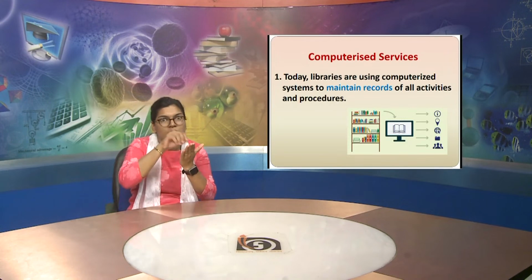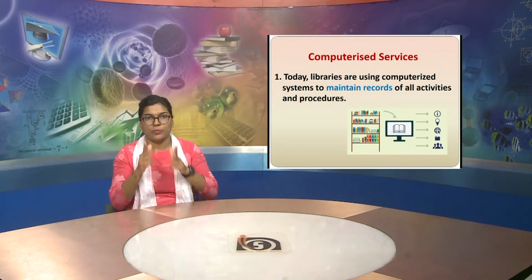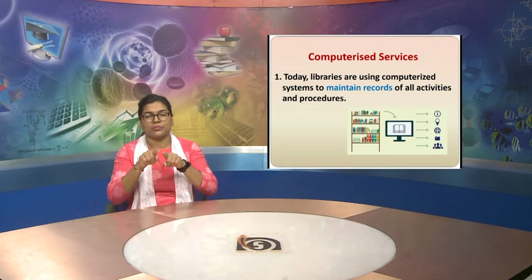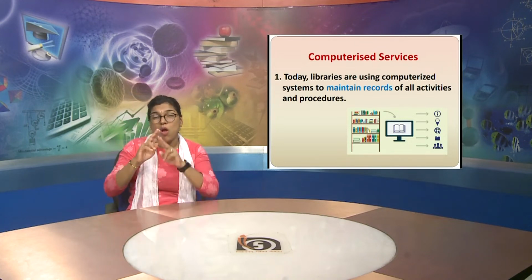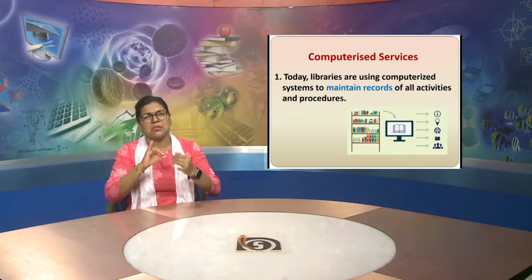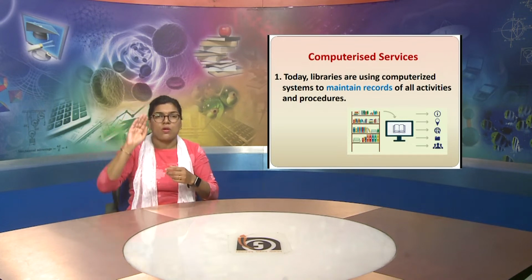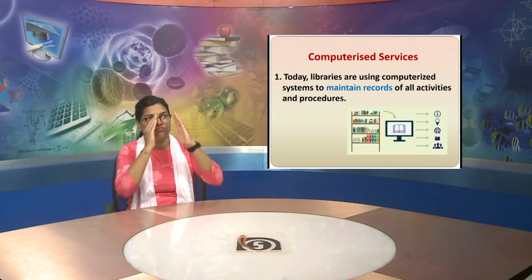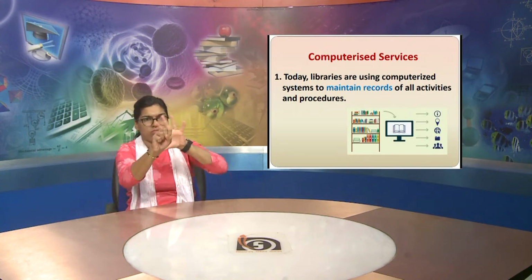So far we have understood the need for library services and now the manual services. Now from here we will understand the different types of services provided by library, which is computerized services. We will discuss it in points. Point number 1. Today libraries are using computerized systems to maintain records of all activities and procedures, which is all done with the help of computers.